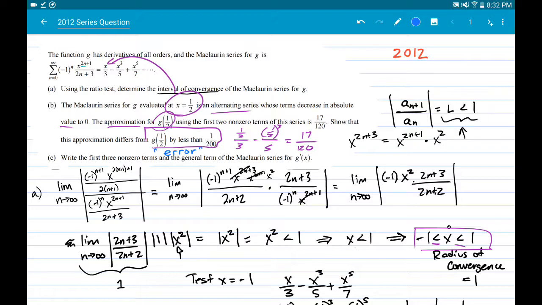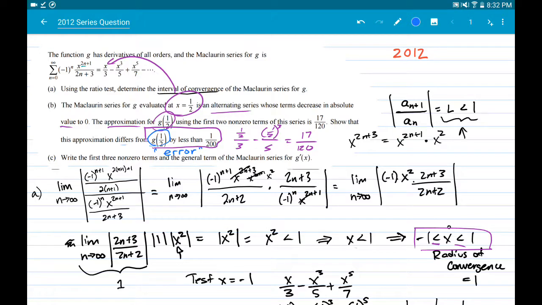It doesn't use the word error, but it's saying that this right here, 17 over 120, is an approximation using a series, and they're saying that this approximation differs from the actual function by some amount. We want to show that that amount is less than 1 over 200. A lot of times they'll give you a criteria, less than 1 over 1,000, less than 1 over 100, whatever. In this case, it's 1 over 200.